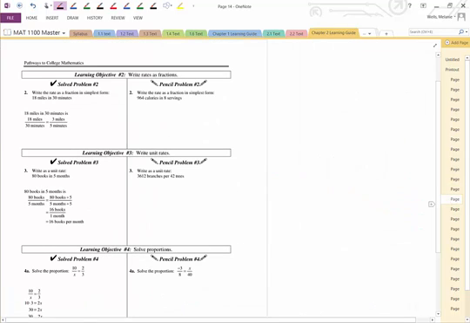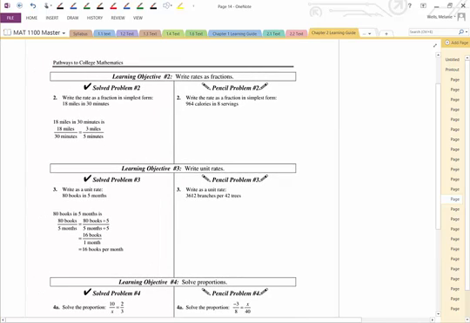All right. Number 2 says write the rate as a fraction in simplest form. So it is a rate since the units are different. 964 calories over 8 servings. So I would simplify the fraction. Now it looks like both of those are divisible by 4.